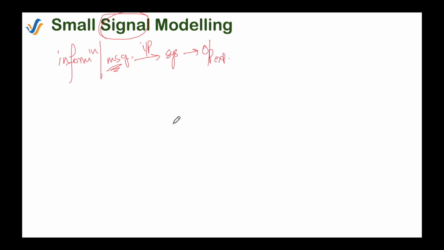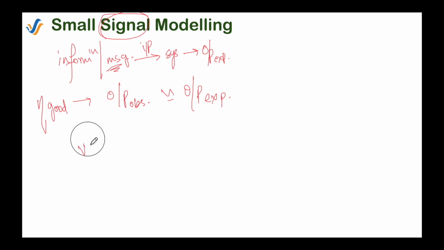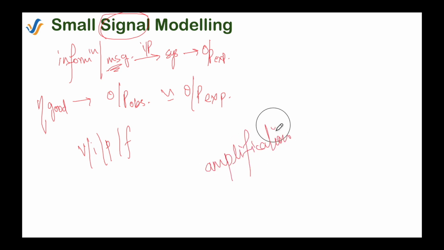If the calculation is proper and the system is highly efficient, then the observed output should be equal to the expected output. And the signal can be any entity like voltage, current, power, and frequency. And what is the purpose of giving the signal? It is given for the purpose of amplification, and we will study amplification of small signal by the BJT circuit in my upcoming videos.